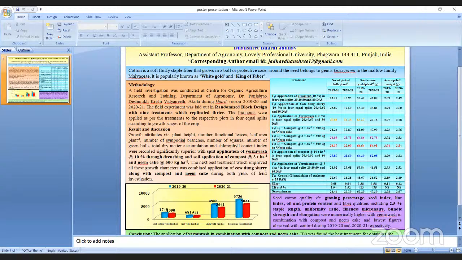I think there can be a technical issue, like the internet connection is weak. So I think we can move on with the next participant. Dhanashree ma'am, are you there? Ma'am? I think we can move on with the next participant.